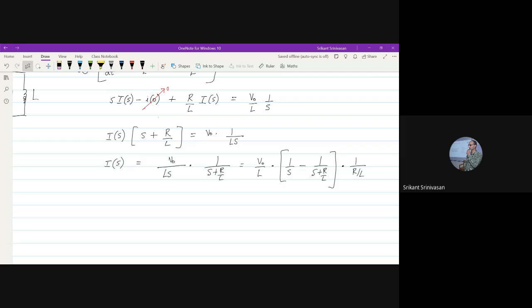And correct me if I make any mistake. So that's V naught over R.